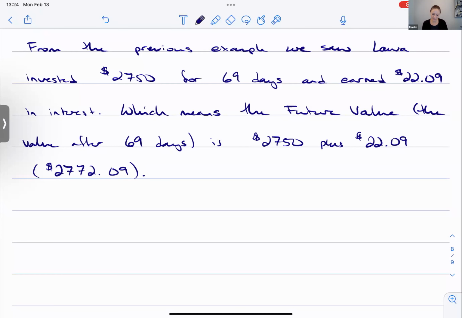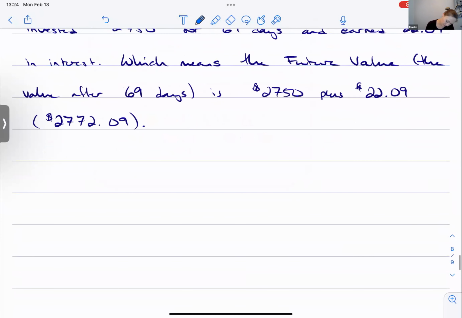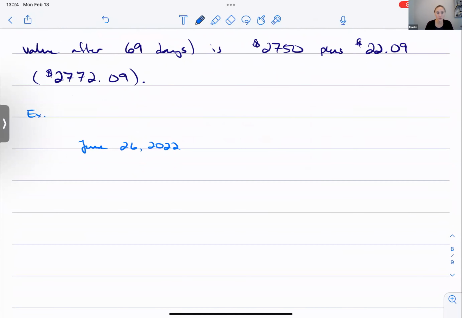As an example, how we're going to visualize this is that on June 26th, 2022, Laura invested $2,750.